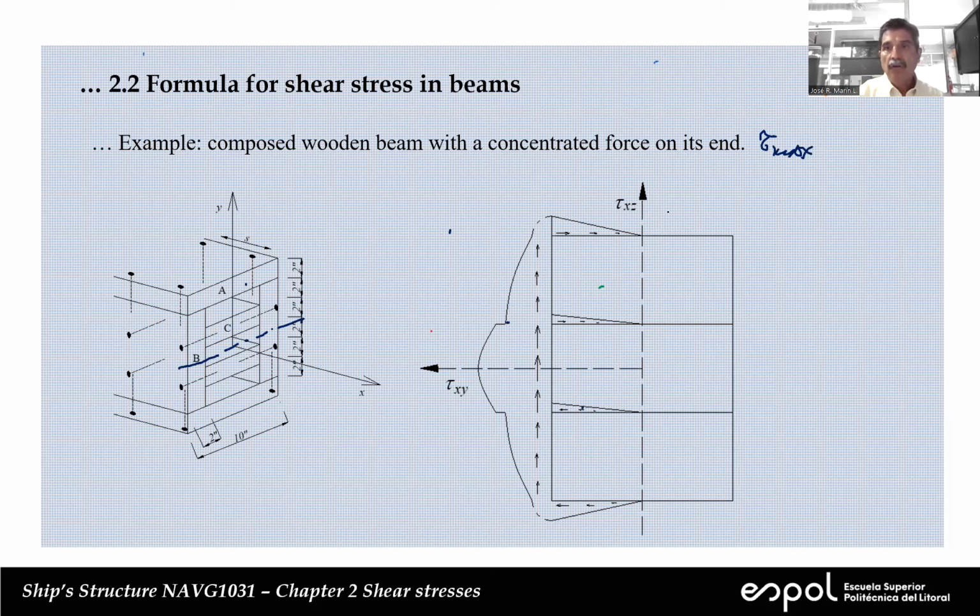The most important part here is that we're going to divide it into Q of A, Q of B, and Q of C. Everybody calculate it, and then I will ask somebody to participate. Calculate the Q of A, B, and C, considering that right now I'm doing a cut at position y equals 0.